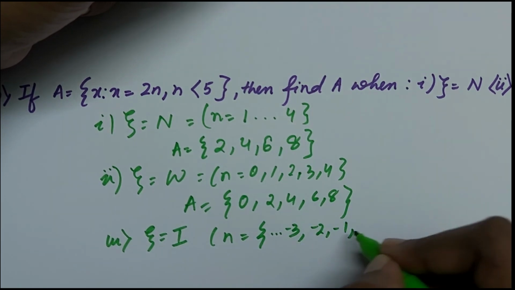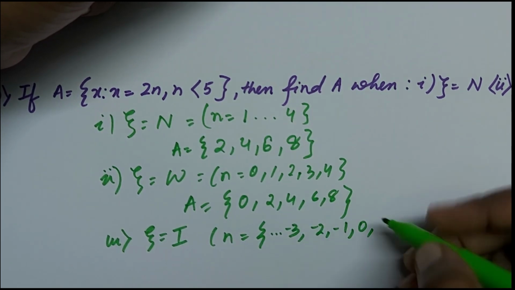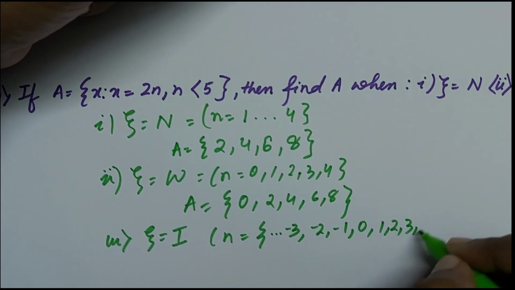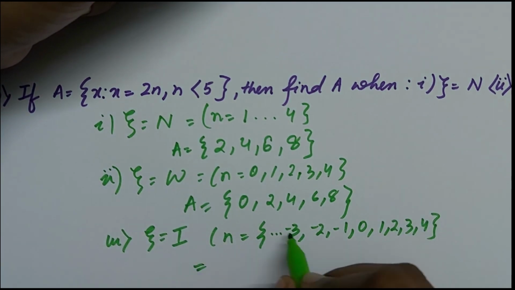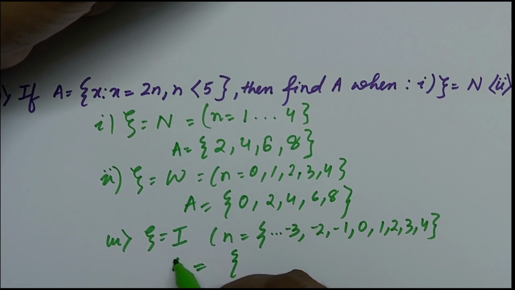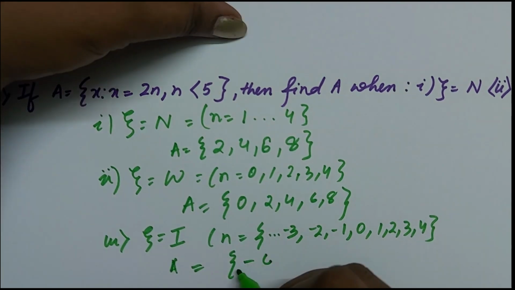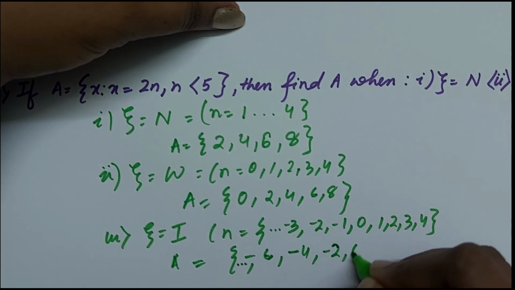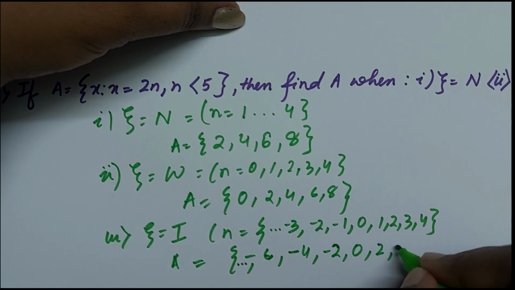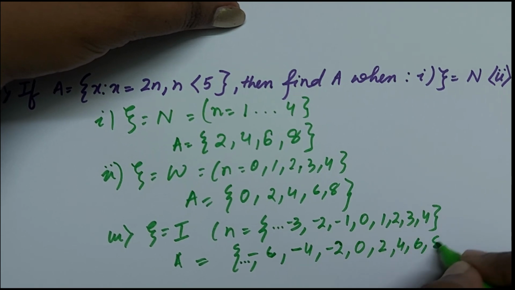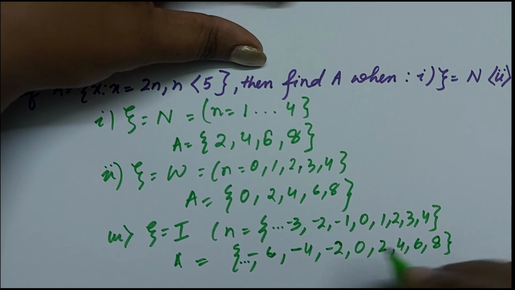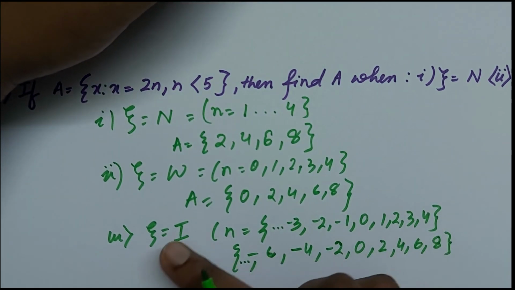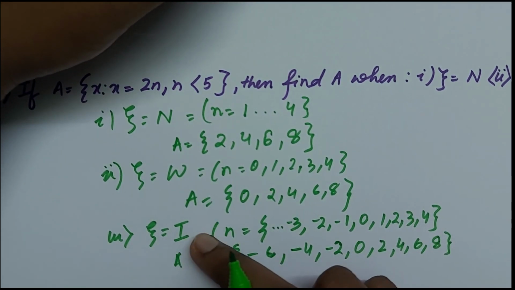I've just taken from minus 3, minus 2, minus 1 and up to 4, that is fixed. So if I multiply 2 into minus 3, I get minus 6, put a dot in front: minus 6, minus 4, minus 2, 0, 2, 4, 6 and 8. So this becomes our set when the universal set belongs to integers.